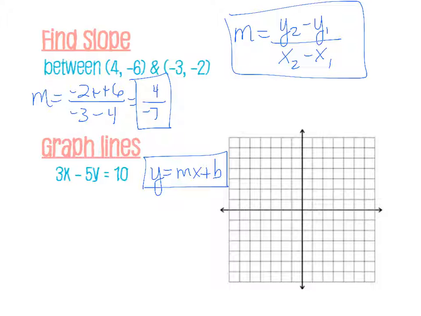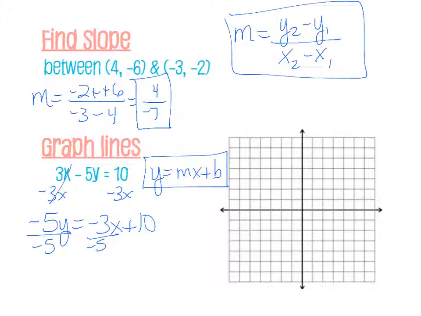Let's go ahead and isolate the y so that it is. I'm going to have a -5y. I like to put the x term first, so it looks like mx plus b. Divide by your -5. This equation in slope-intercept form is y equals 3/5 x minus 2.